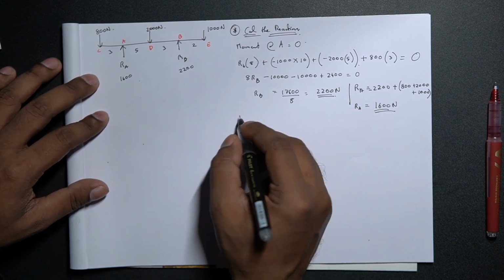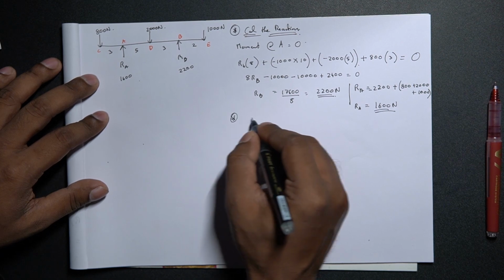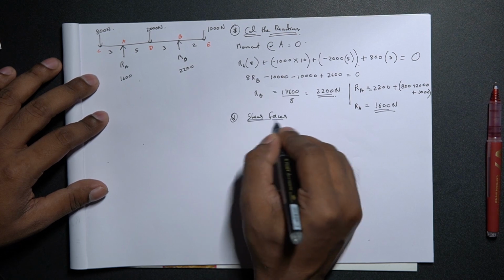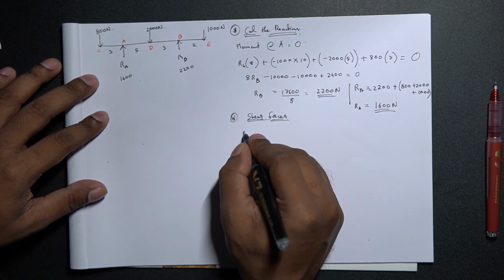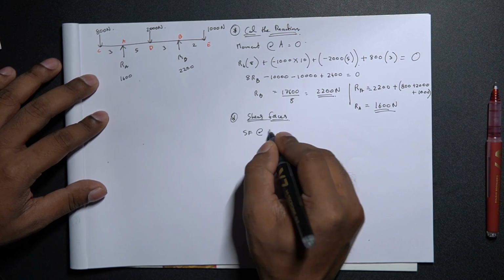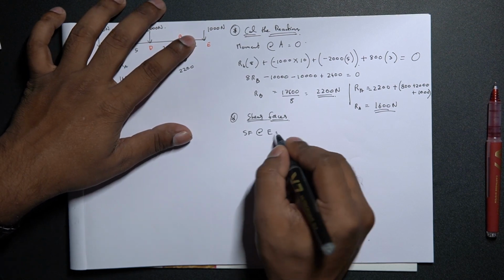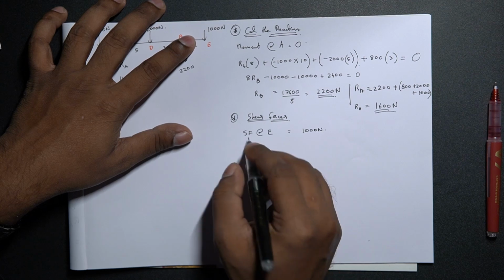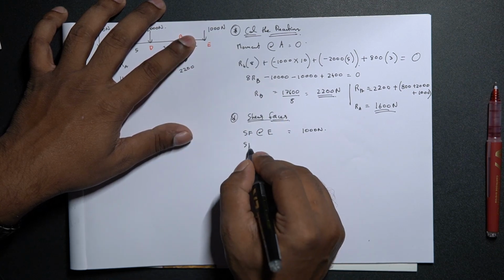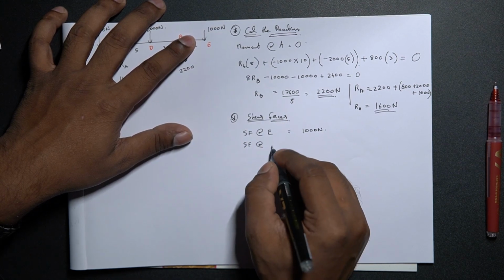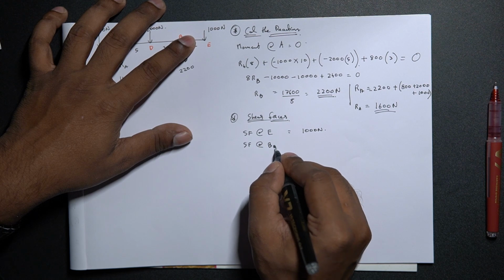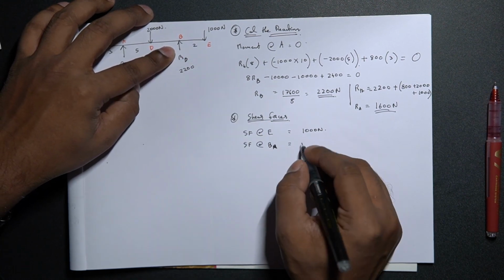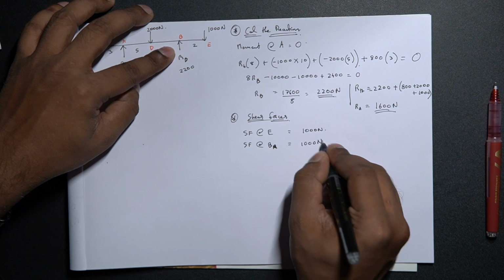So now that we have our reactions, let's calculate the shear forces. Shear force at point E, 1000 newtons, straightforward, positive. Shear force towards the right of B, it would be the same, there is no change in between, 1000 newtons.